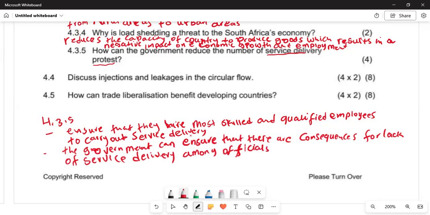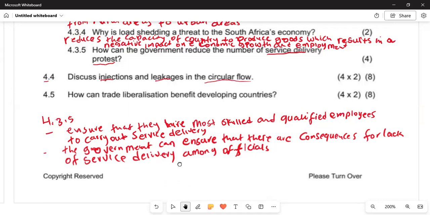That is 4.3.5. So now we are on 4.4. Discuss injections and leakages in the circular flow.